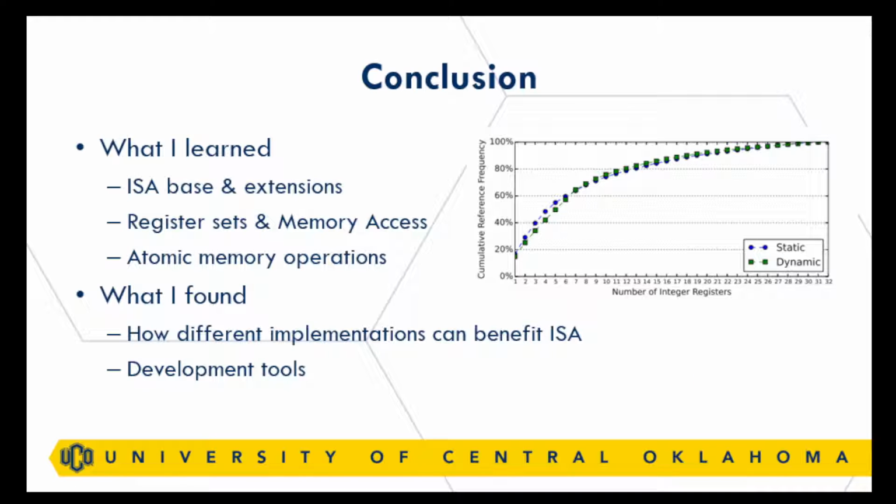So, in conclusion, what I learned is that the RISC-V base has different bases and extensions such as extension A all the way through extensions F, E, C, and G. There are atomic memory operations which can have a certain effect towards memory and its storage.